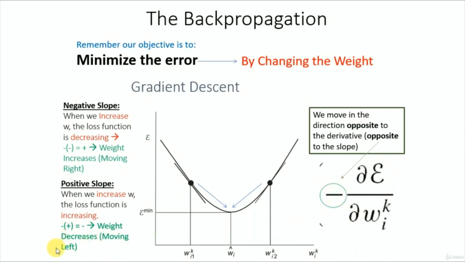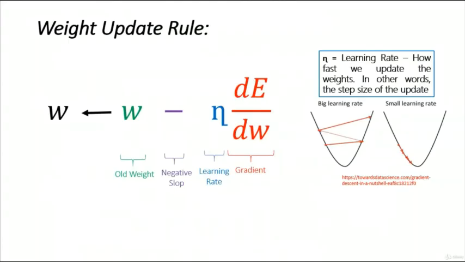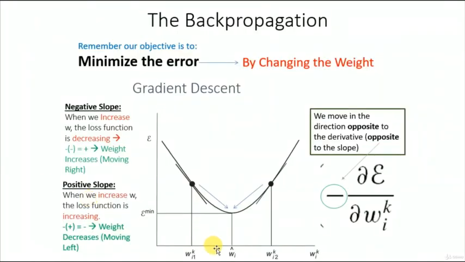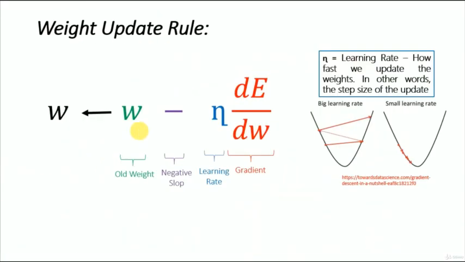Okay, now let's talk about how gradient descent is applied in neural networks. So this is what we have right here. Remember, we want to add the negative of the slope to our old weight. So this is your old weight, and now you're adding the negative of the slope. This is the weight update rule used to update the weight of a neural network.